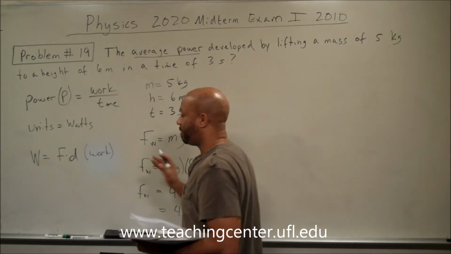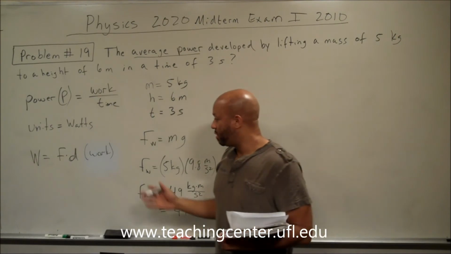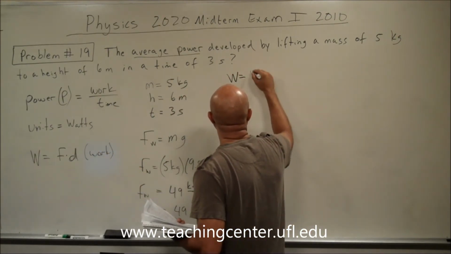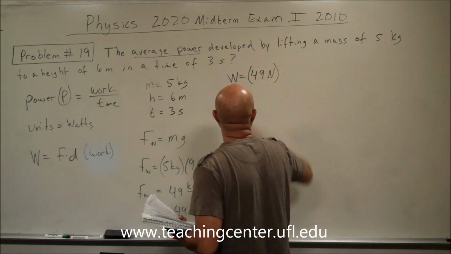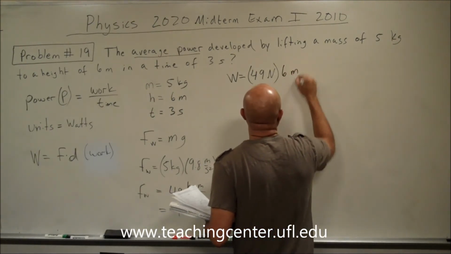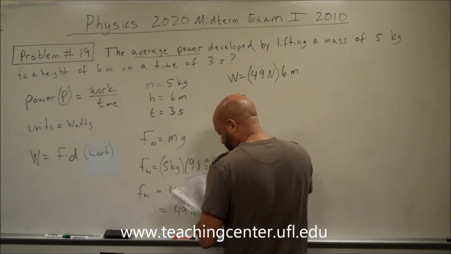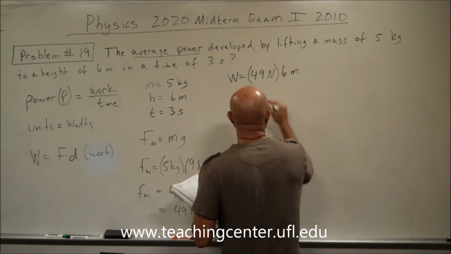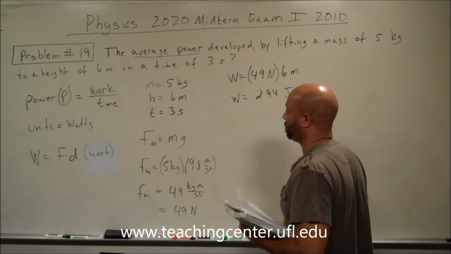We know that the distance that we're applying that force is 6 meters, so now we can find the work. So work is equal to our 49 newtons, okay, multiplied by our distance, which is 6 meters. So the work is equal to 294 joules.